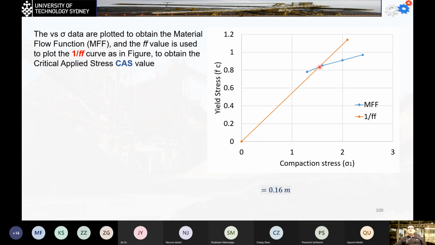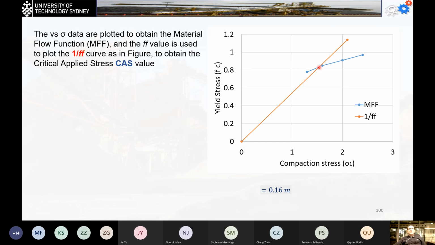This line will intersect. By the way, if this line is going to be something like that, you can simply extend this line theoretically, and you're going to have the intersection.